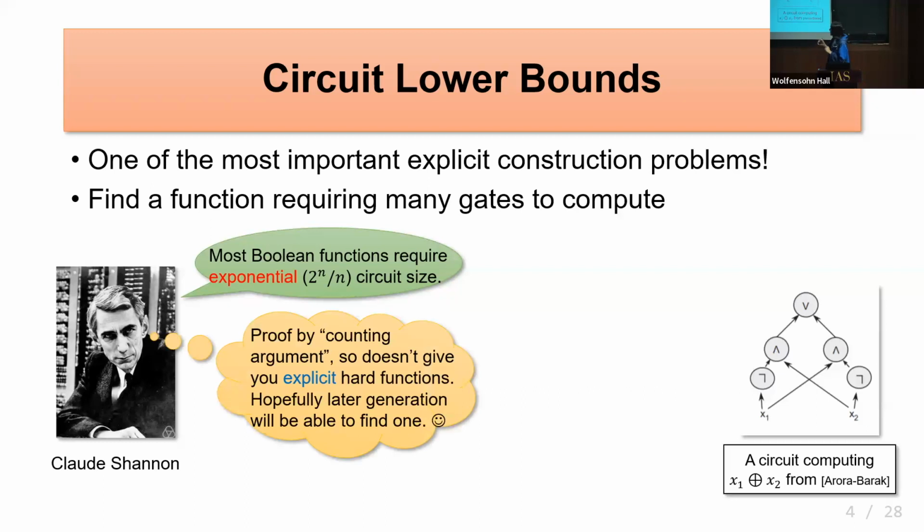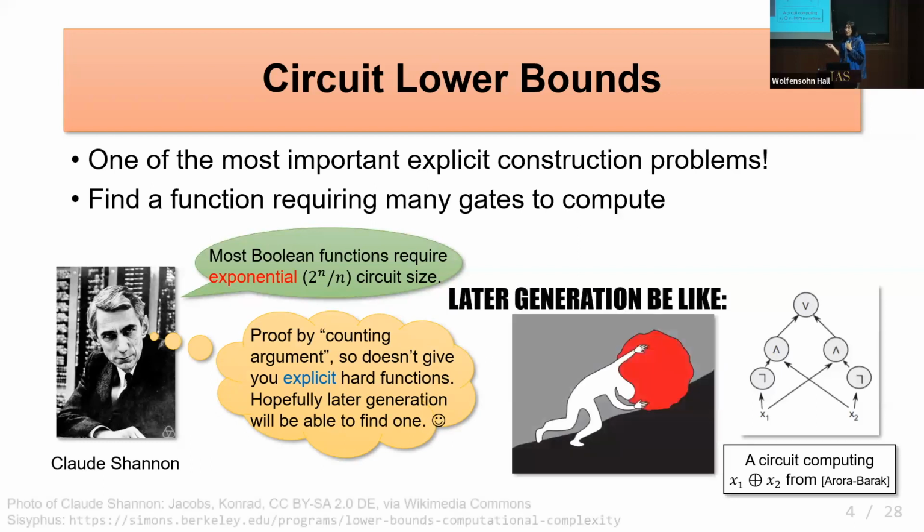So if you randomly sample a function, with high probability you will get an exponentially hard function. But the proof doesn't give you any construction of hard functions. Maybe later generations can find one. Later generations will find it very hard to find hard Boolean functions.